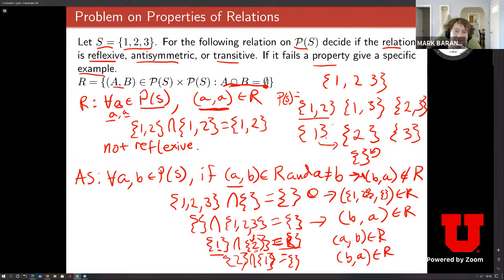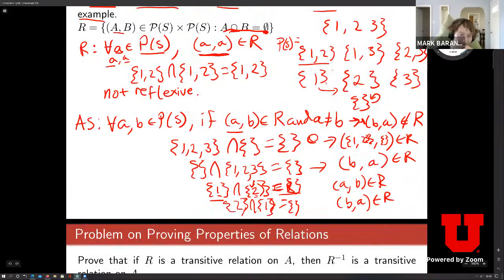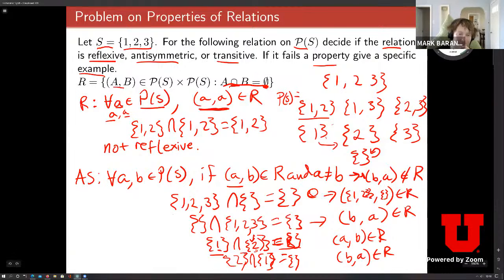Okay. And then finally, we're showing if this thing is transitive, and they did not give us enough room. Or maybe I took up too much room. Do you have to show or just decide if it is? Decide if it is. We have to give a specific example for why it fails if it fails.